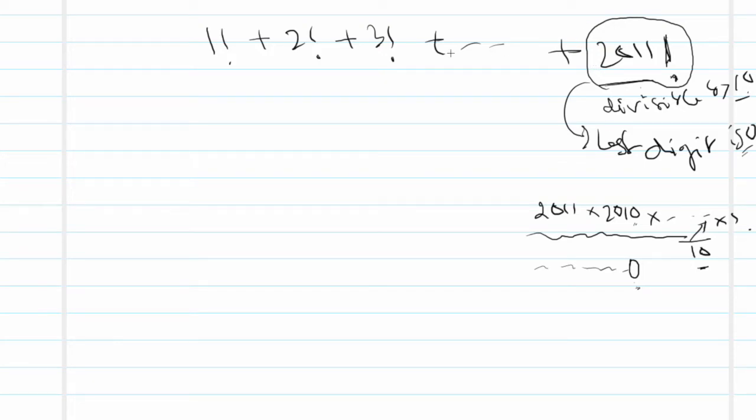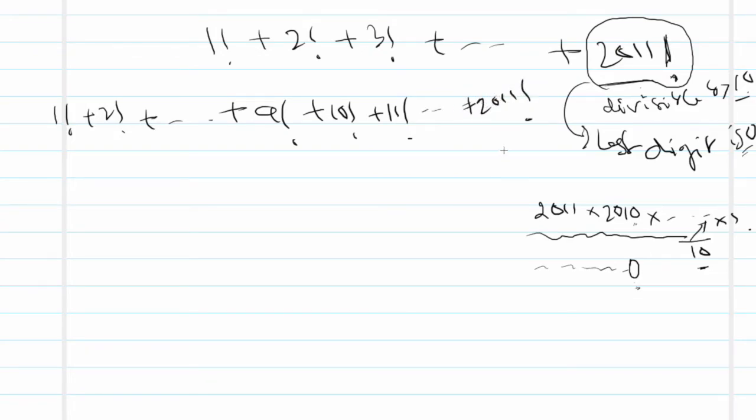So for example, factorial 1 plus factorial 2 plus dot dot plus factorial 9 plus factorial 10 plus factorial 11, all of them up till 2011 factorial, all these numbers individually are divisible by 10, which means their last digit is 0.